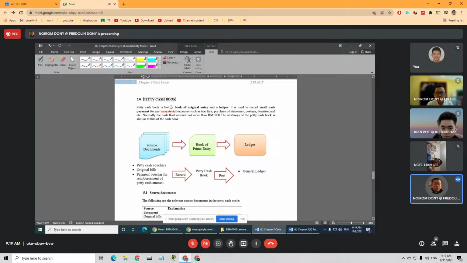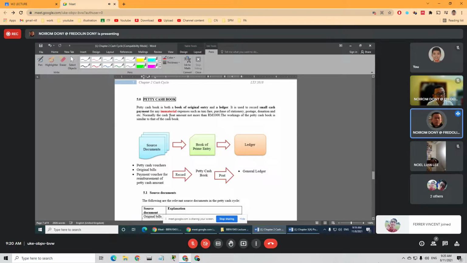It is used to record small cash payments for immaterial expenses, such as purchase of stationery, postage, donation, and so on. Normally the petty cash will hold a maximum amount of not more than 1,000.